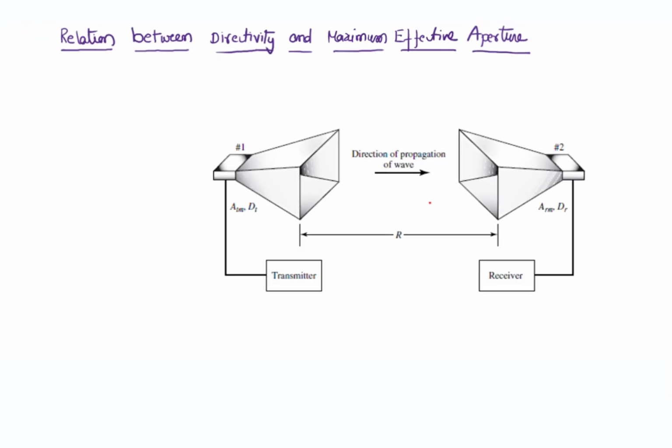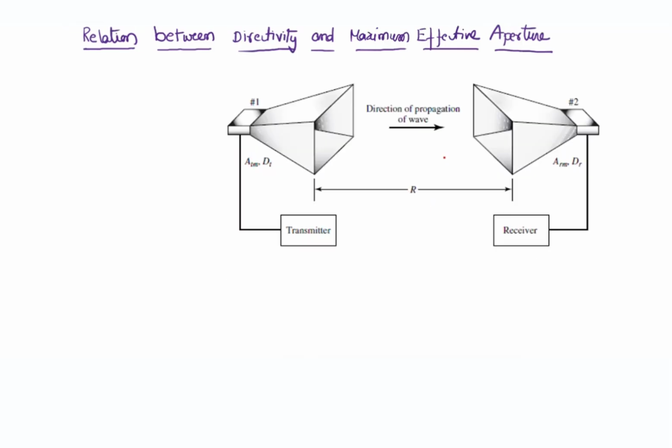For that, consider two antennas. This is one antenna and this is another antenna. One is the transmitting antenna. The first case, consider the first antenna as the transmitting antenna and the second antenna as the receiving antenna. Assume antenna 1, A1, as the transmitting antenna and antenna 2 as the receiving antenna.